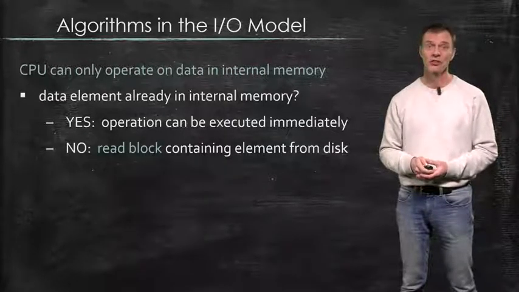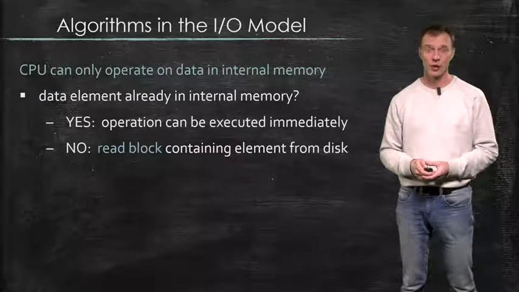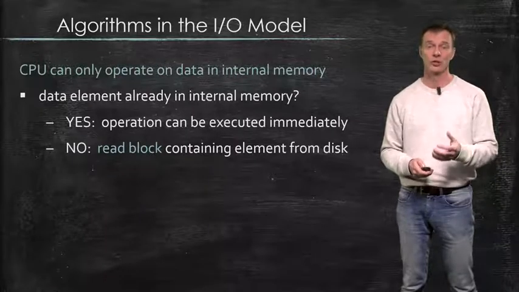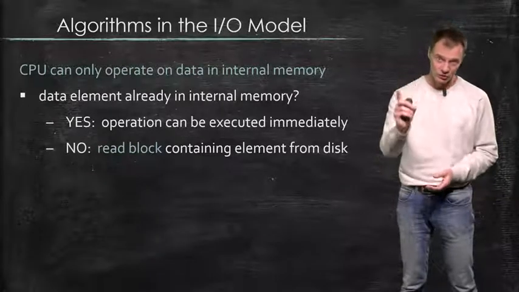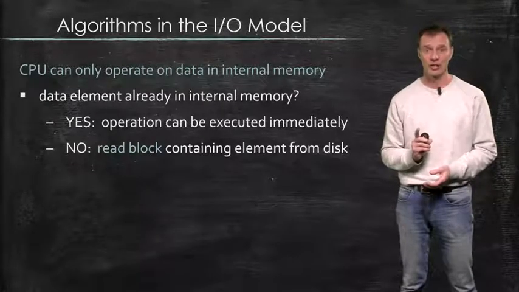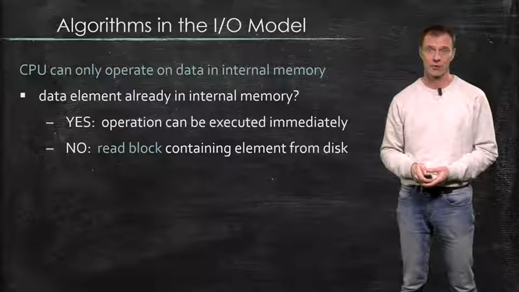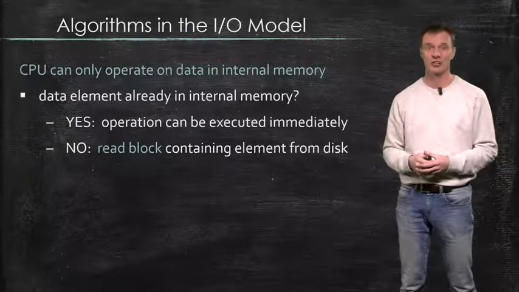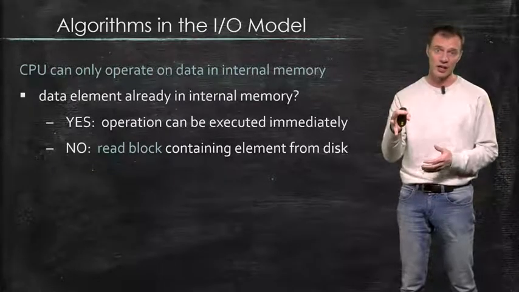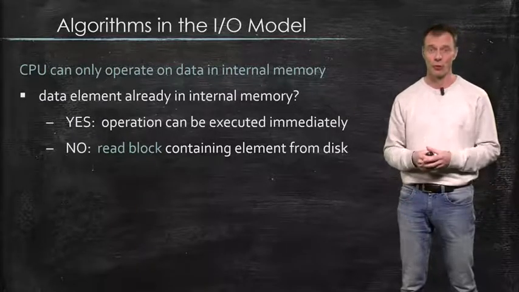If it's not, then first the data element has to be read from the disk into the internal memory. Remember that the way this is done is not by reading a single element, but by reading a block. And it's important to realize that the whole point of analyzing things like this is when the data is so large that it does not fit completely into the internal memory.